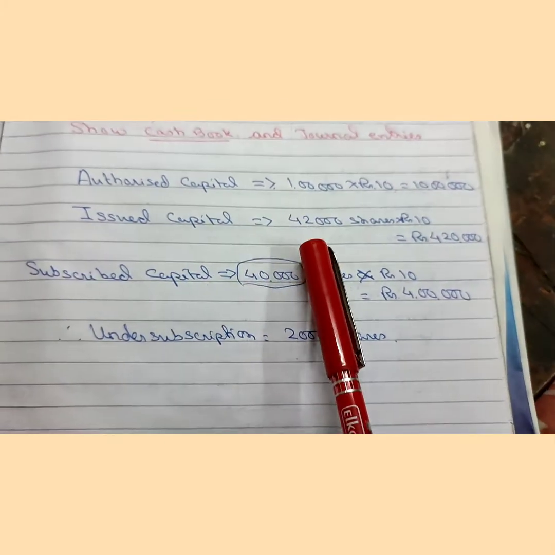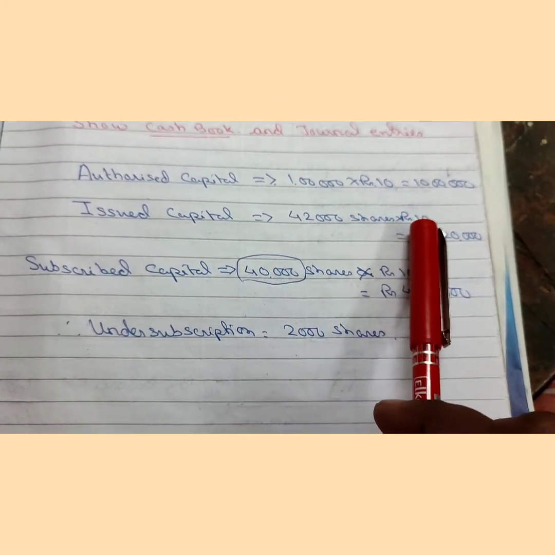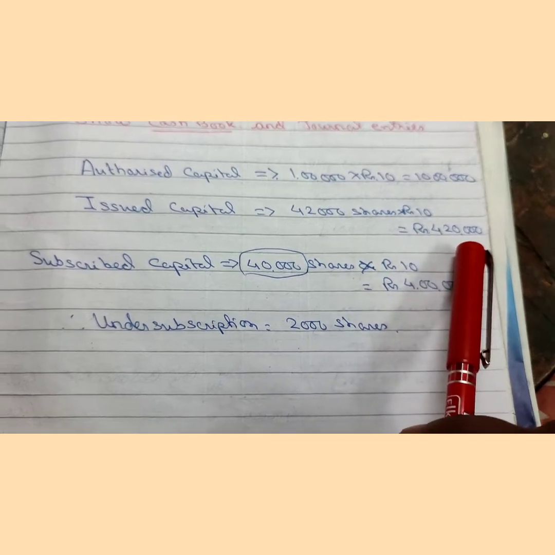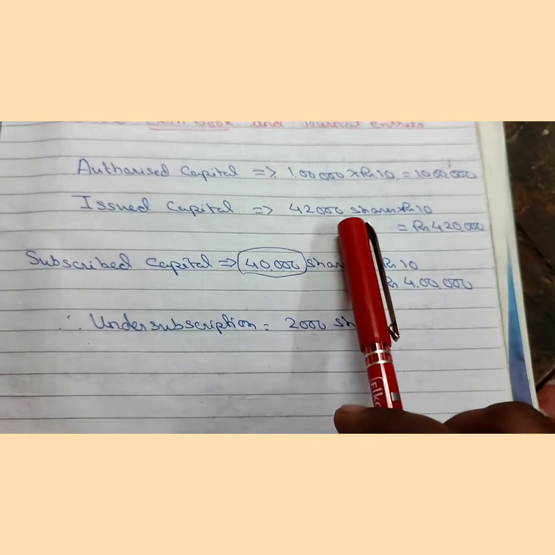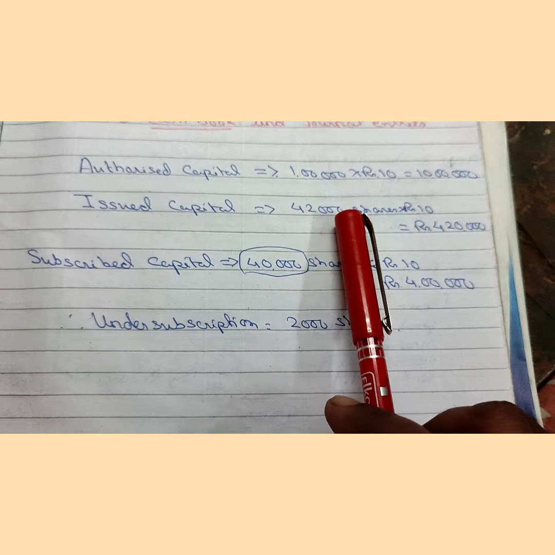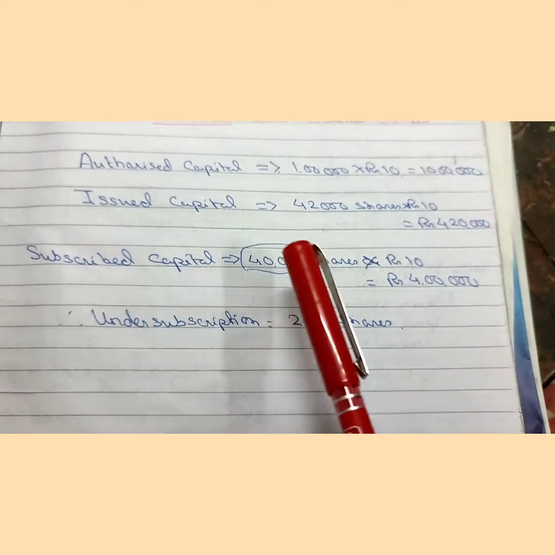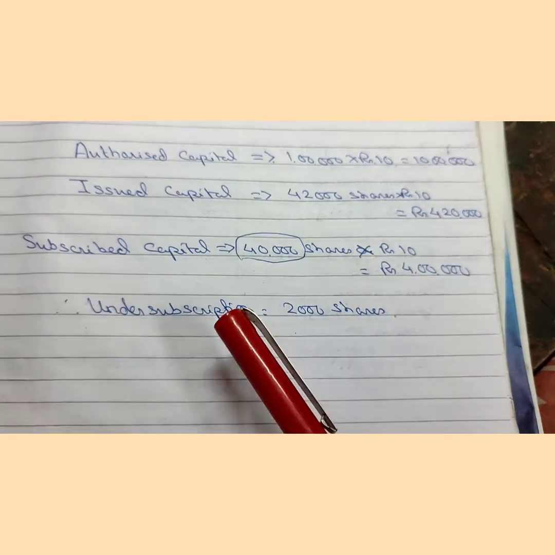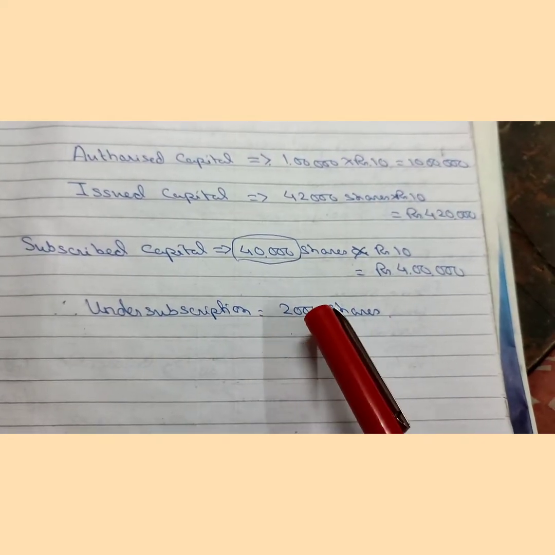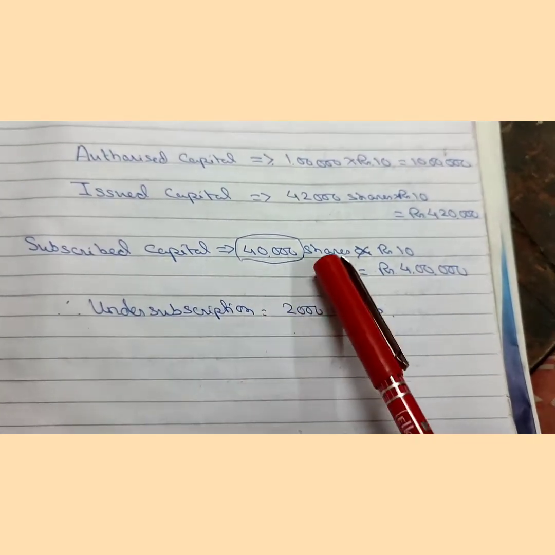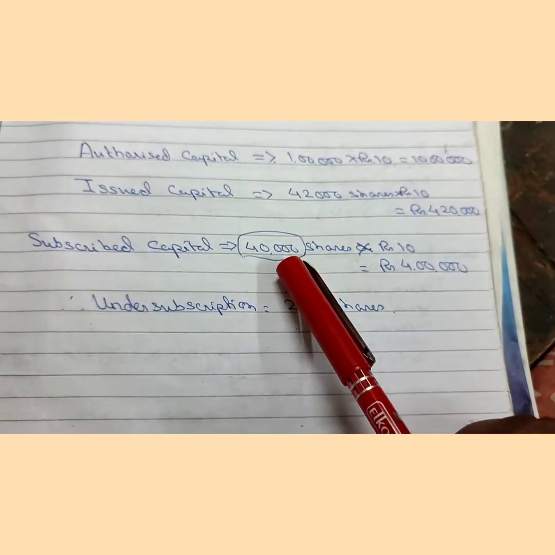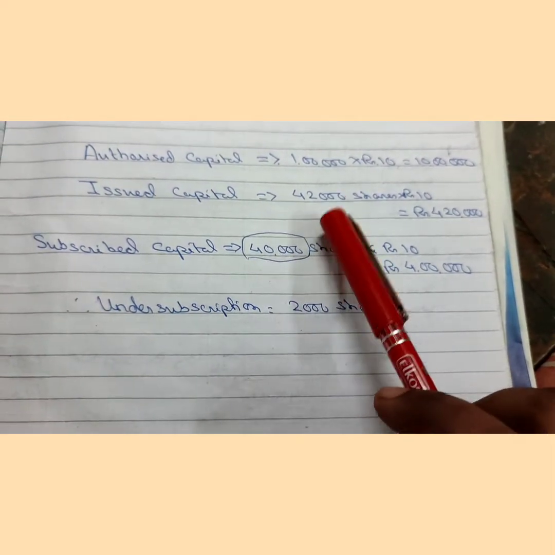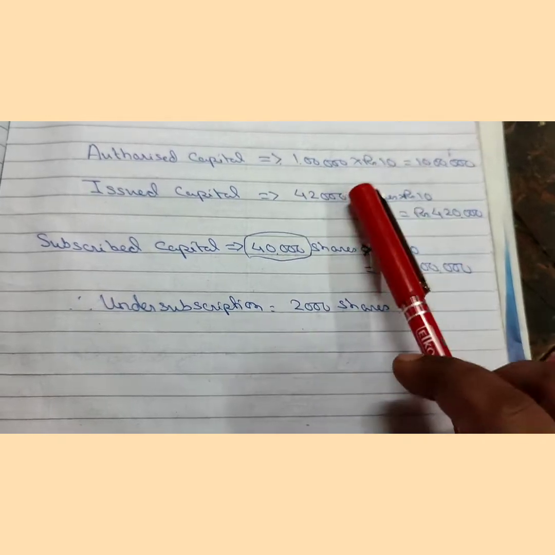Issued capital is 42,000 shares of rupees 10 each, that is rupees 4,20,000. But the entire amount was not subscribed by the public. So subscribed capital is 40,000 shares of rupees 10 each, that is rupees 4 lakh. So under subscription of share is 2,000 shares. We will do the entire sums with these 40,000 shares. We will not touch these 42,000 shares.